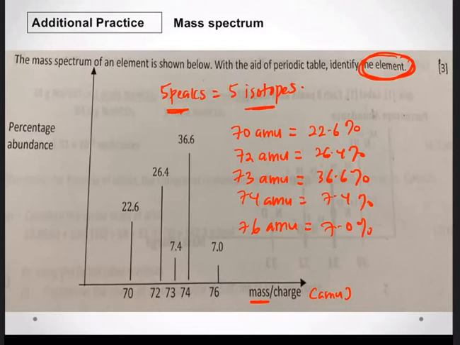Kita kena kira apa in order to identify the element based on data yang kita extract ni? Average atomic mass. Yes, that's correct. Kita kena kira average atomic mass by using formula percentage abundance darab dengan isotopic mass. So I'm giving you a few minutes untuk kira and then lepas tu kita identify what is the element. Kira dulu.